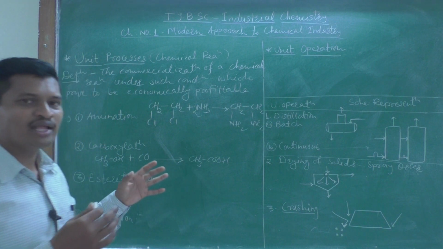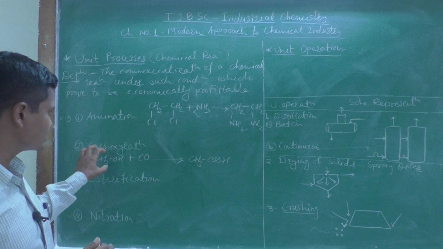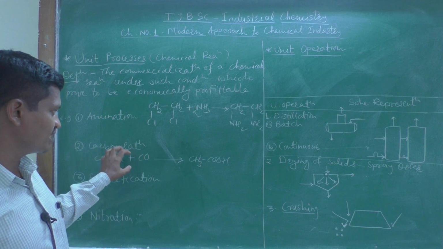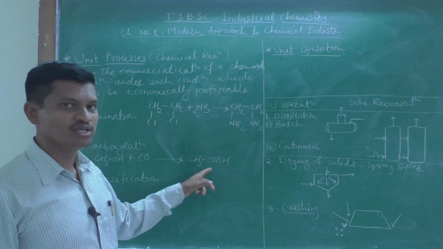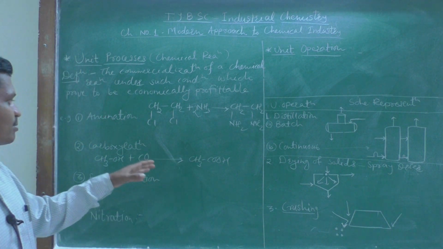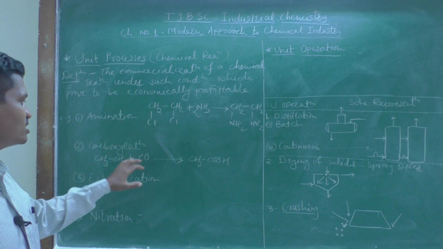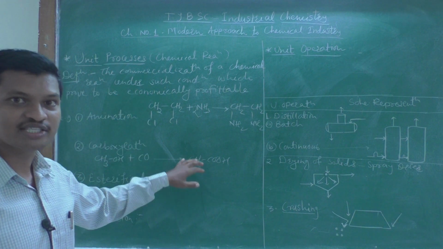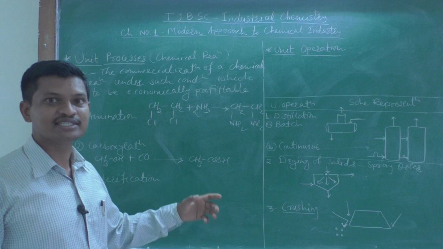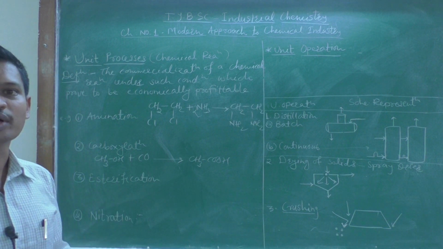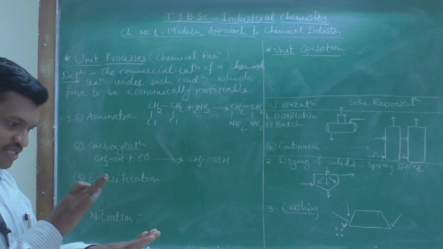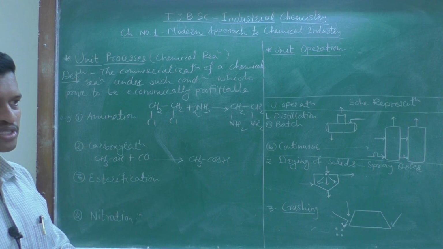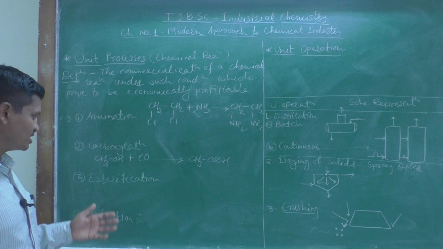But why is this chemical reaction, methanol plus carbon monoxide giving acetic acid, called a unit process? Because with the help of this reaction, we can get acetic acid in a very economically profitable manner. So this is the difference between a simple chemical reaction and a unit process. Okay, I think you may have got it.